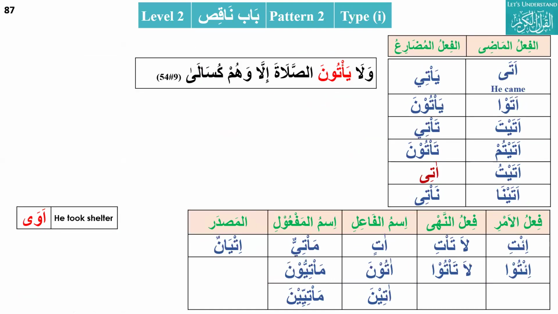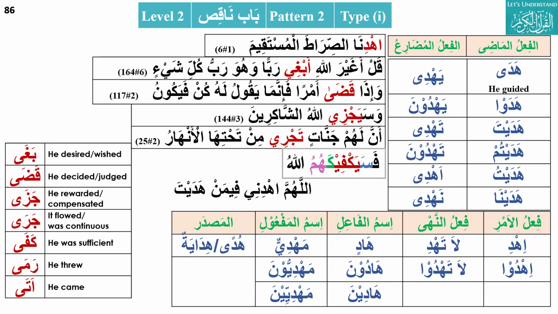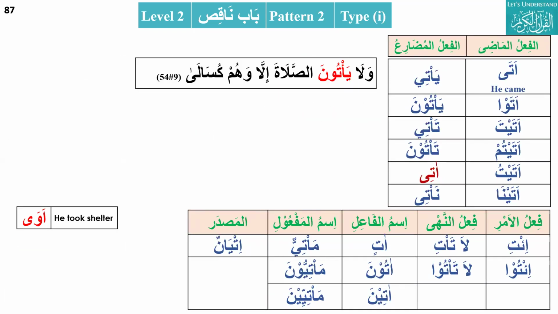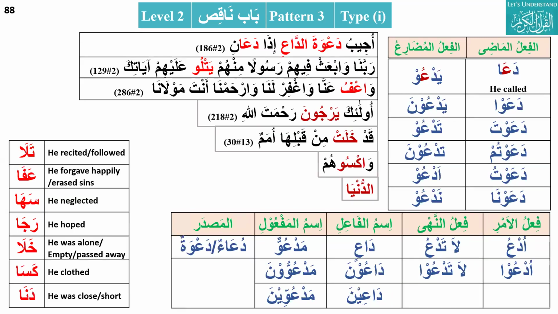Sa'a, yas'a. Then we have hada, yahdi. After hada, yahdi, da'a, yad'u, khashiya, yakhsha. There are two special cases here and they are used a lot. One is ata, ya'ti. There is a similar word, ata, yu'ti, that is in level 3. But here it is ata, ya'ti.